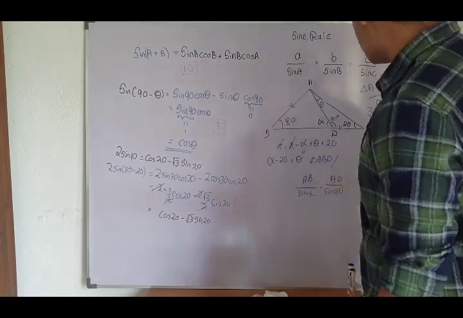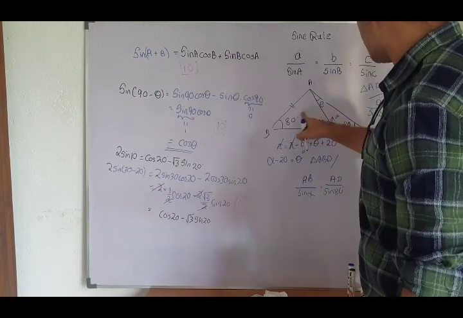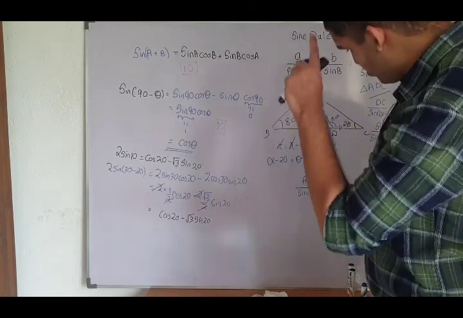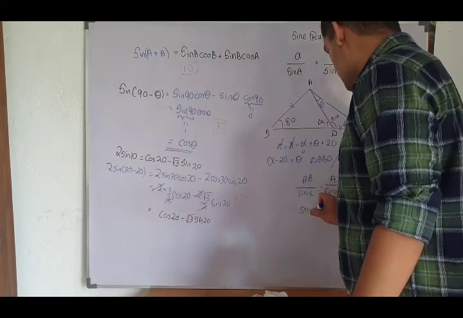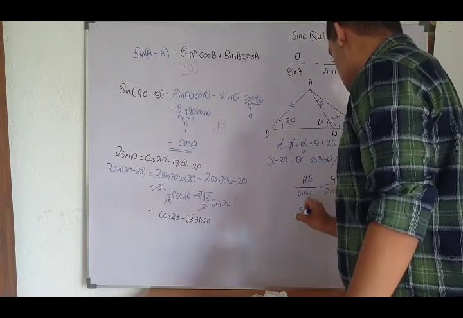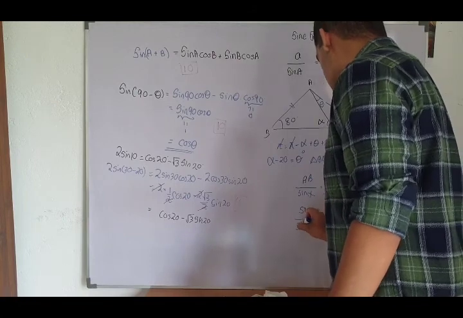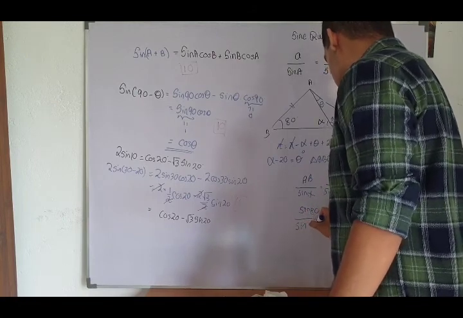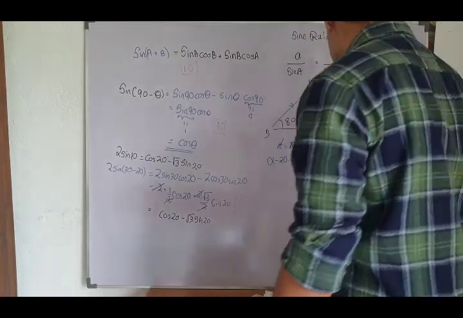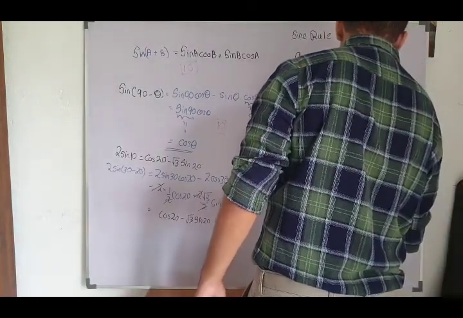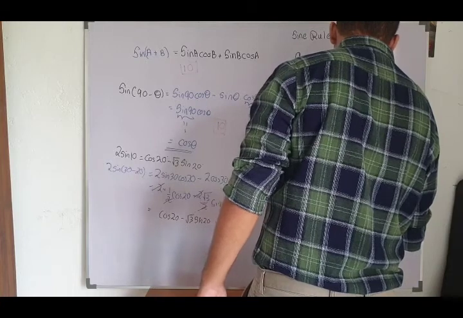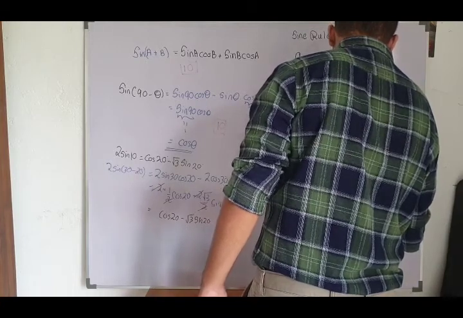So first of all, you have to take sine 80 over sine alpha is equal to AD over AB.